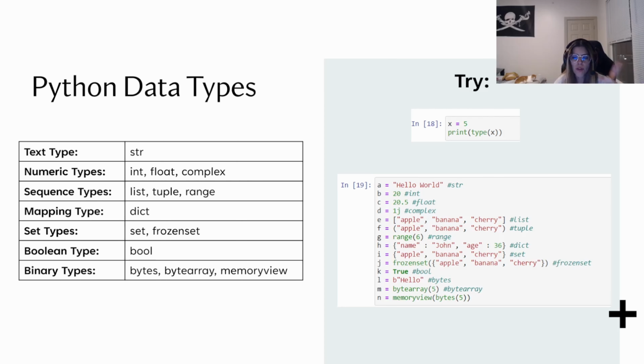And then every time you define a string, you need to add quotation marks. If you don't add the quotation marks, Python is going to think that you're talking about a variable already defined. So instead of, for example, in here, trying to define the text, it will think that you're using the A, like the name of your variable. So just keep that in mind. You have to use quotation marks, and they can be single or double quotation marks.